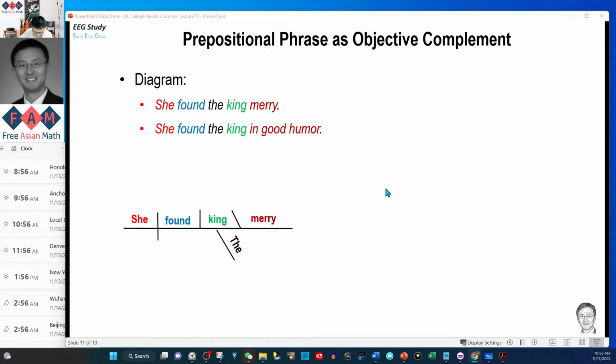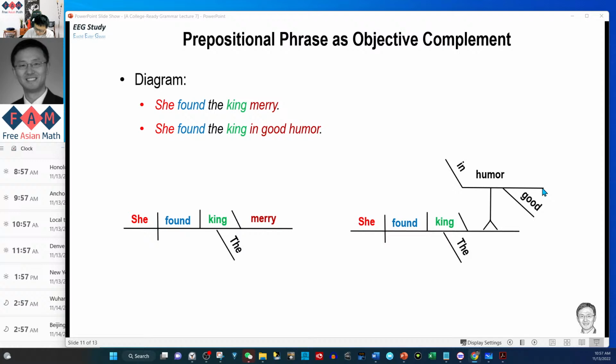So for this version, how should we diagram in good humor? We know in good humor is an object complement. It must be above the main line. It should not go beneath the main line on the king, because it's not a direct modifier, it's a complement. So we do it like this.